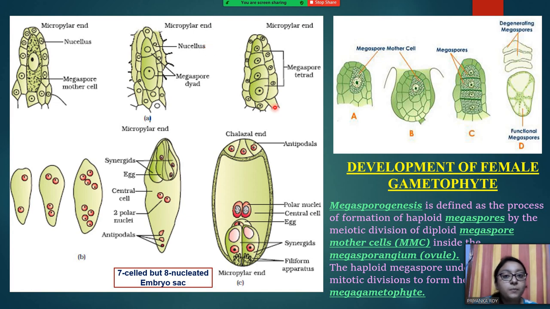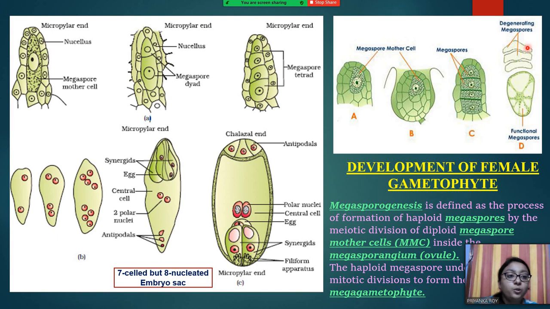In the first meiosis, as you can see, there are a number of haploid megaspores. With one complete meiotic division, there will be 4 haploid megaspores. Out of those 4, only 1 megaspore will be functional and the 3 will degenerate.